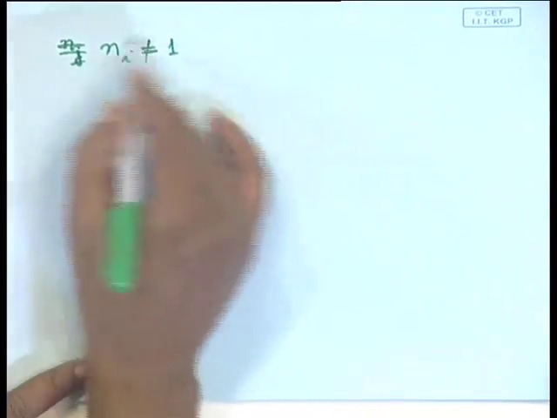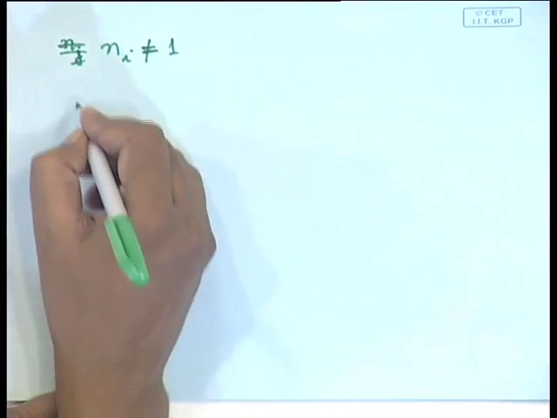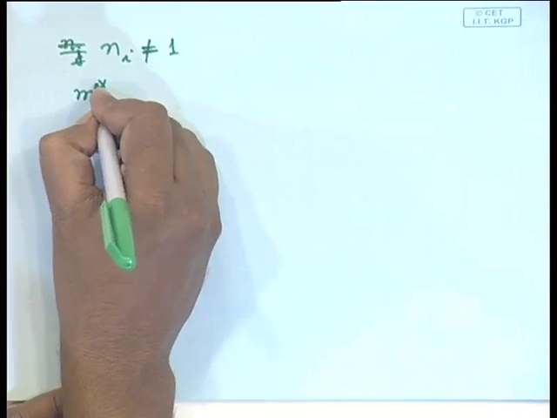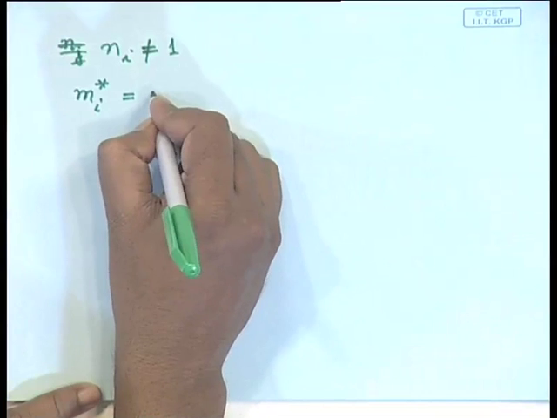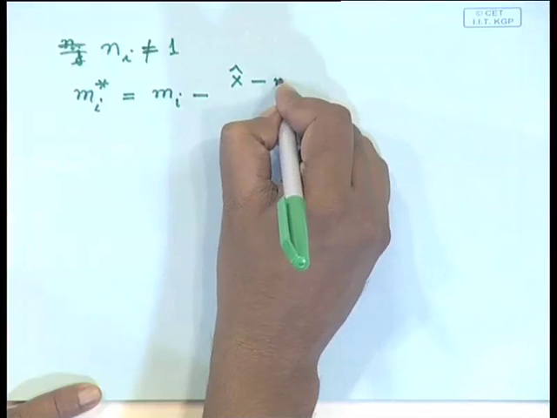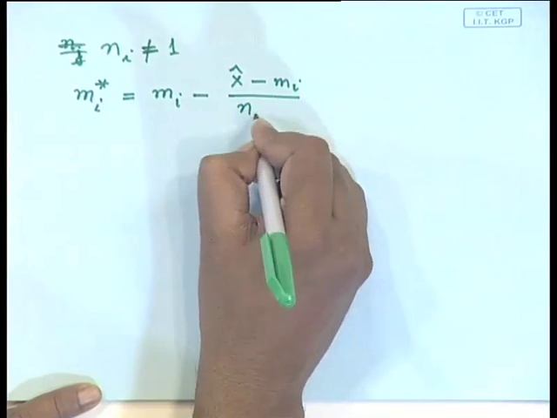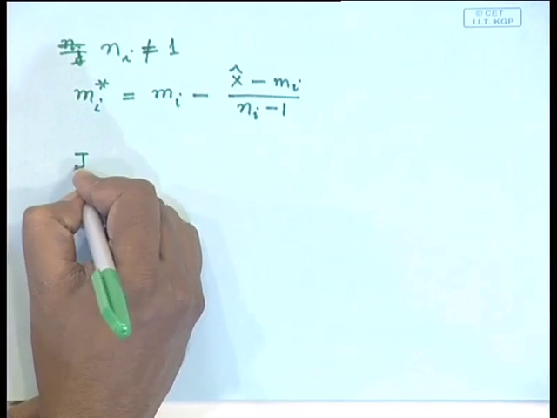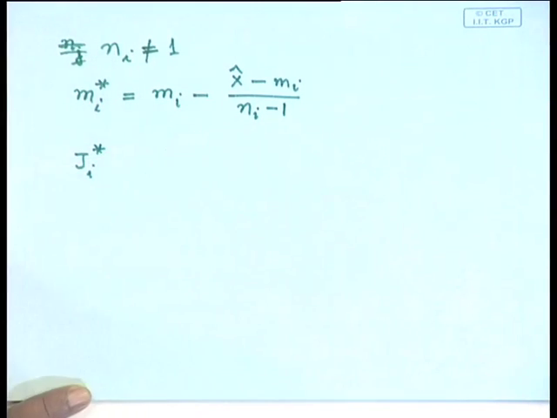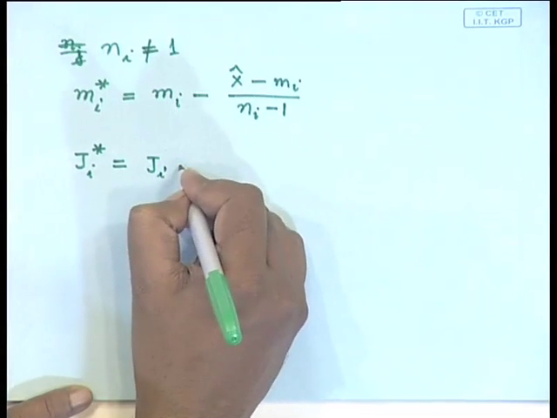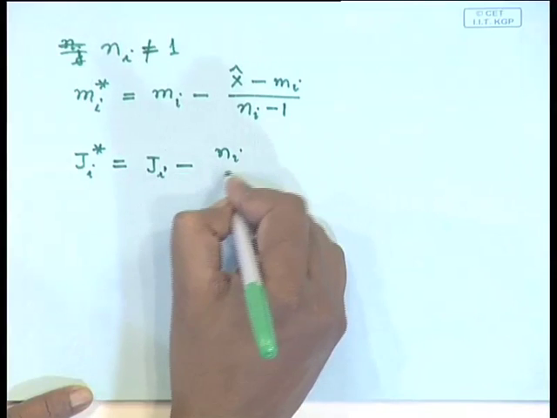So, having this particular condition that n i is not equal to 1, the cluster center for the ith cluster will be modified to m i star, which is equal to m i minus x hat minus m i upon n i minus 1. By similar calculation, you can find this. And similarly, the error within the ith cluster will be changed to x i star, which is x i minus n i by n i minus 1 into x hat minus m i squared.